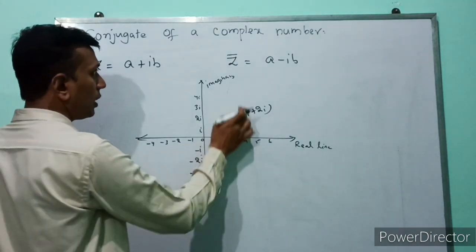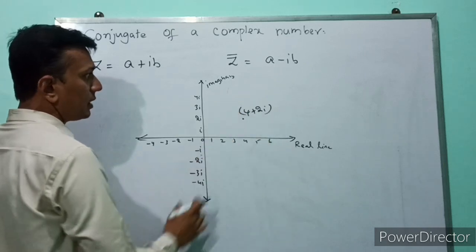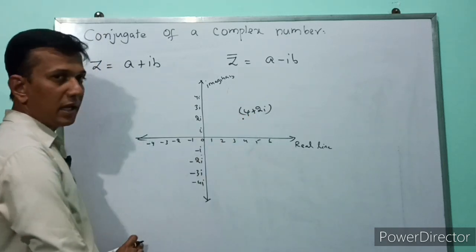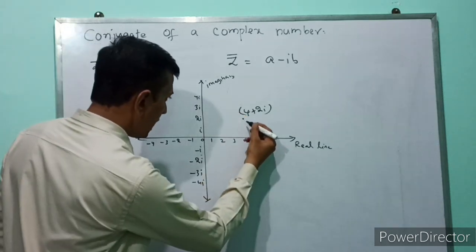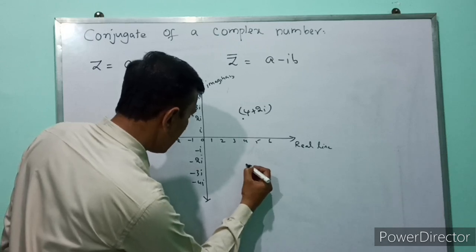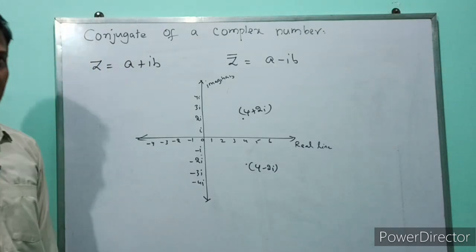If you apply the conjugate idea to this coordinate point, 4 plus 2i can be represented as 4 minus 2i. So that will fall exactly in the opposite quadrant, 4 minus 2i.